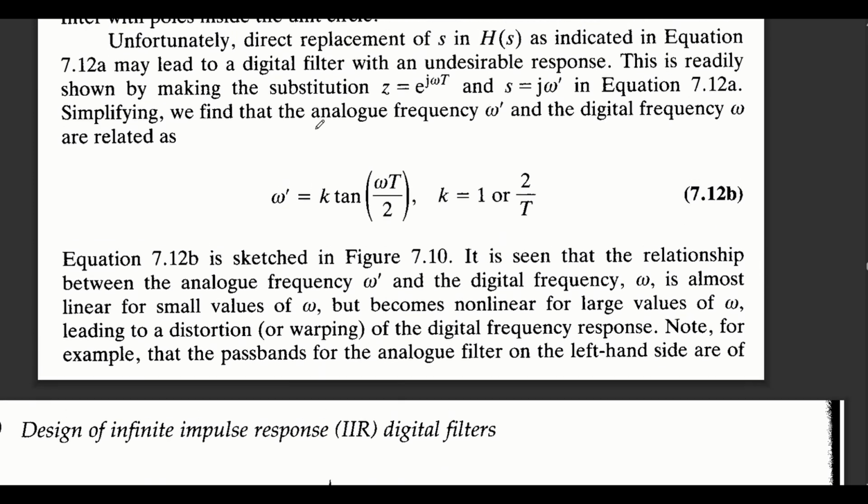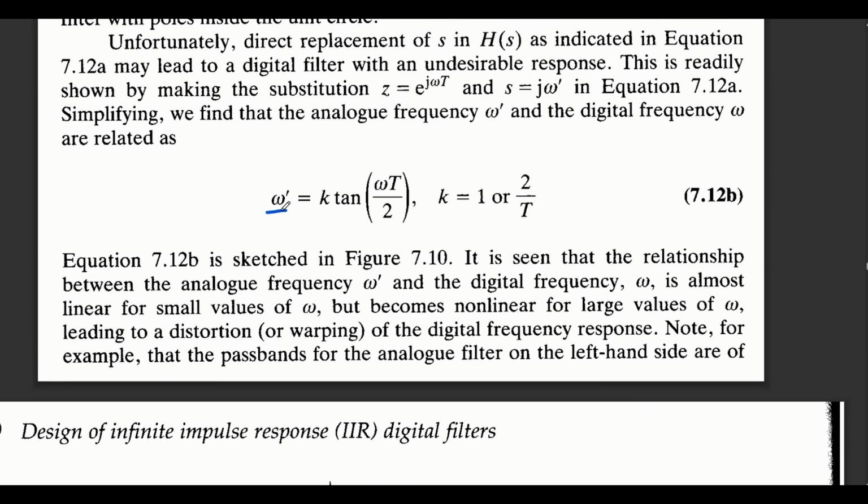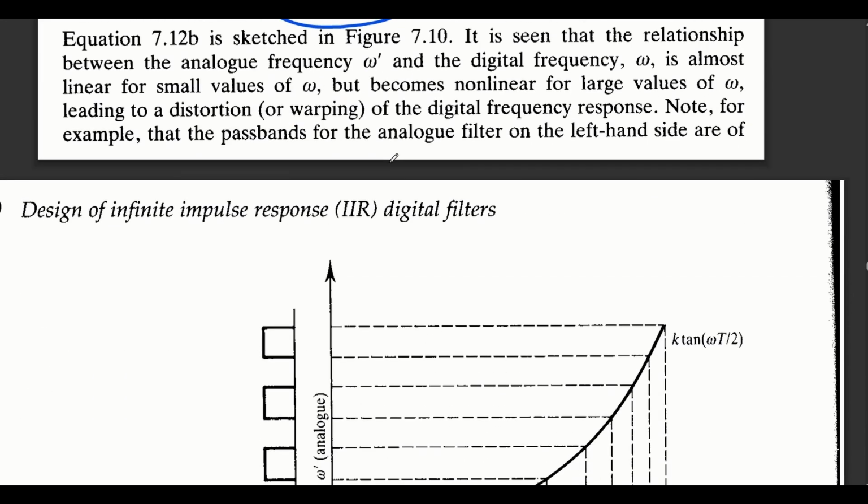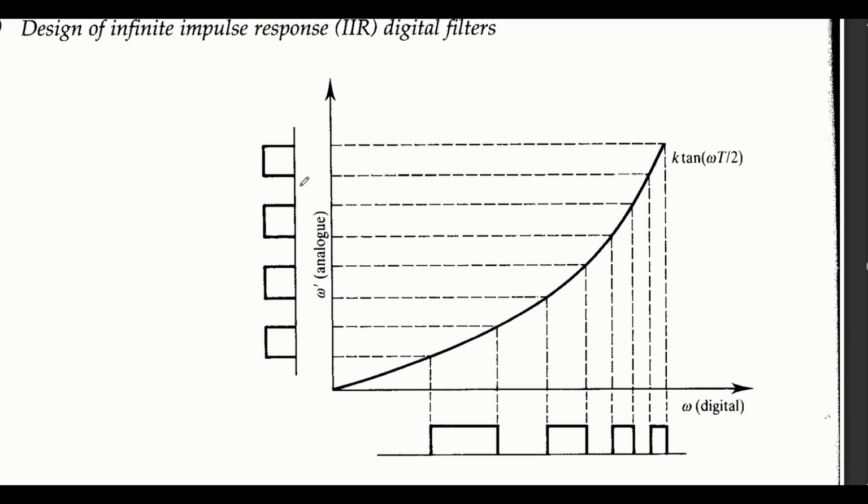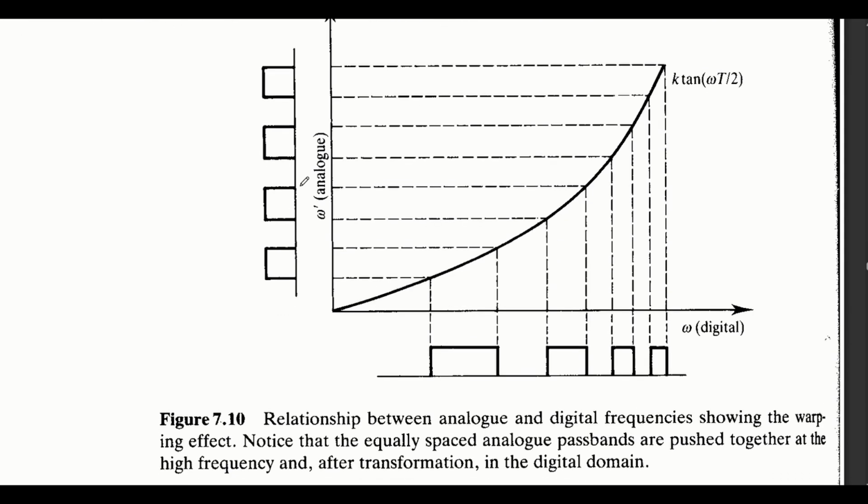And in the prewarping, realize that the analog omega, or the analog frequency, is related to the digital frequency by this whole equation, okay? And some books use k equal to 1, others use 2 over T, right? But no matter which value you use, you should end up with the same answer, okay? So the whole prewarping is that we are in the analog domain.